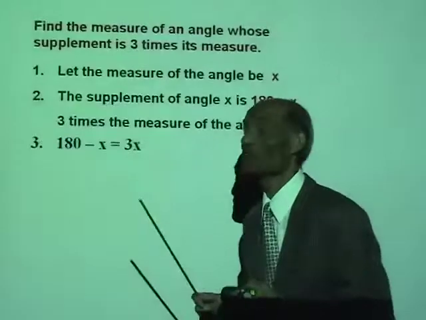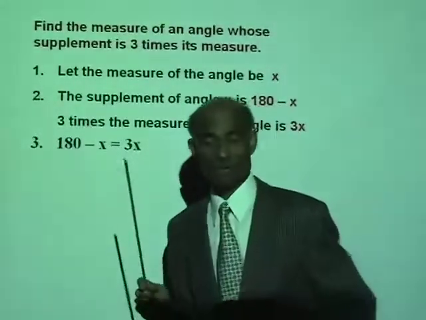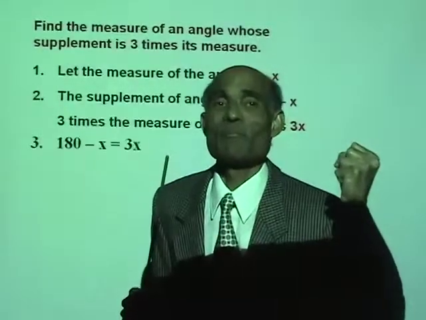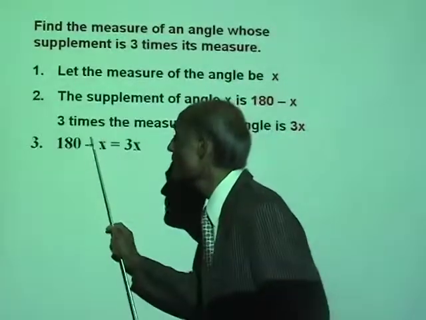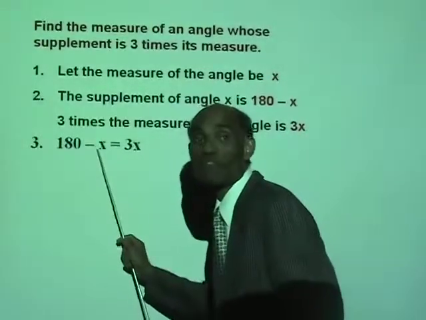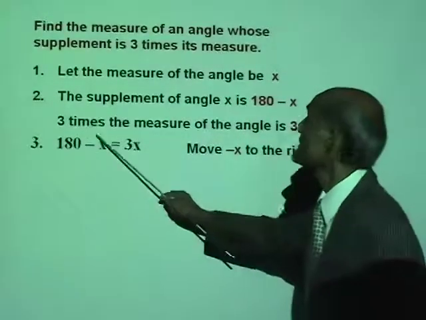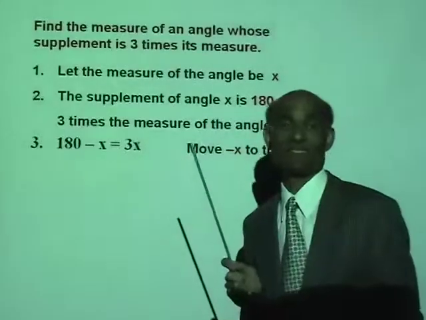Alright, solve this equation. Very often we move the variable to the left, but if you look here, it's more convenient to move that negative x from the left to the right. So this time, let's move the negative x from the left to the right.